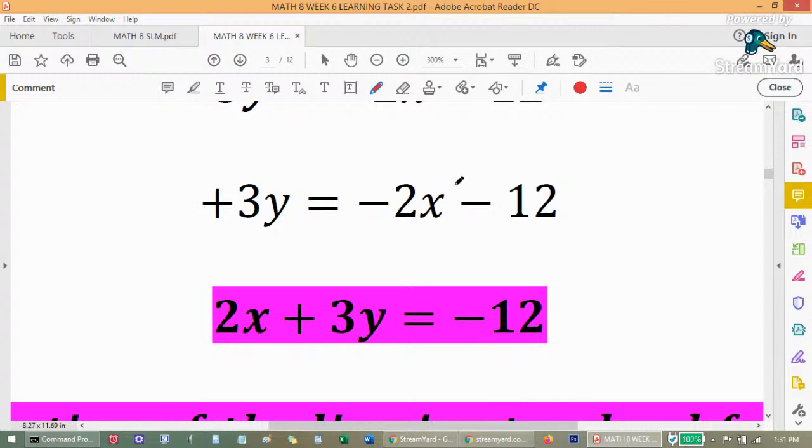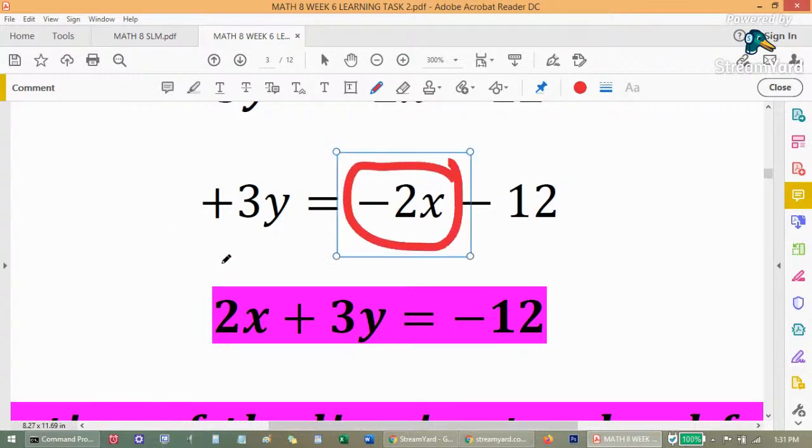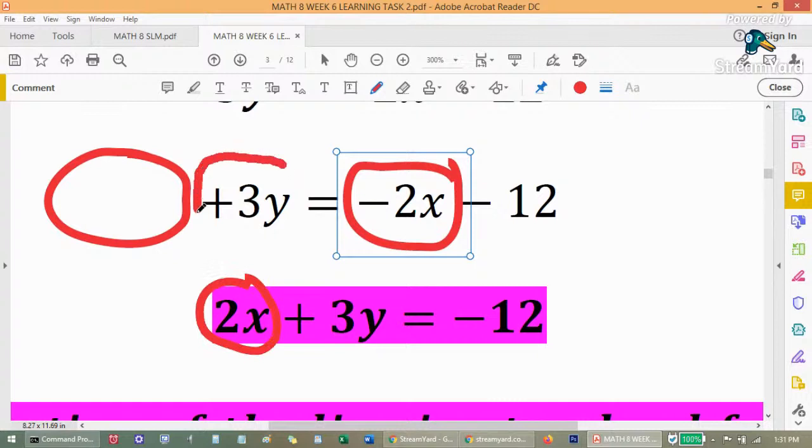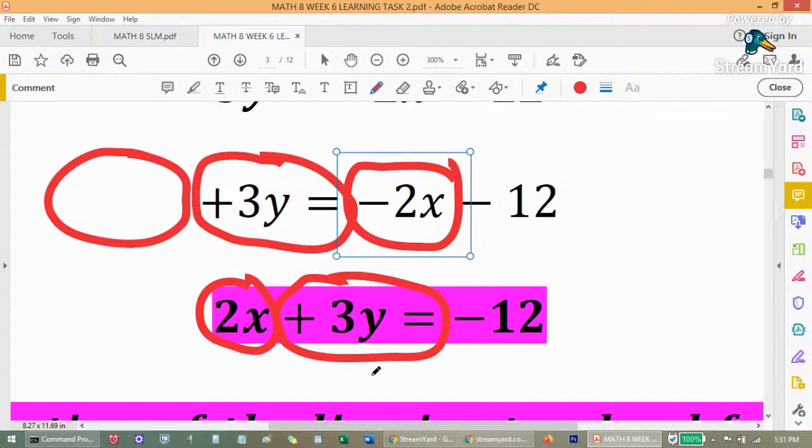Okay? So, ito, napunta dito. So, ang nangyari is, yung negative naging positive 2x, and then plus 3y equals to negative 12.